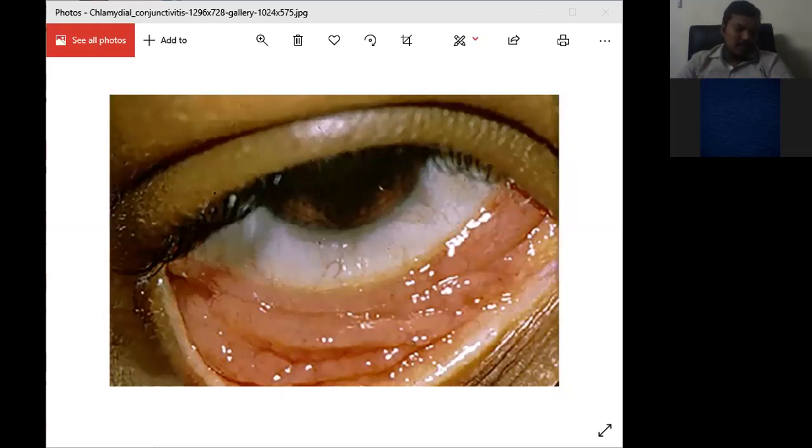The spore-like bodies which come out of the initial body spread to the surrounding tissue subepithelially, and then new initial bodies develop. So this is the basic pathology of chlamydia.